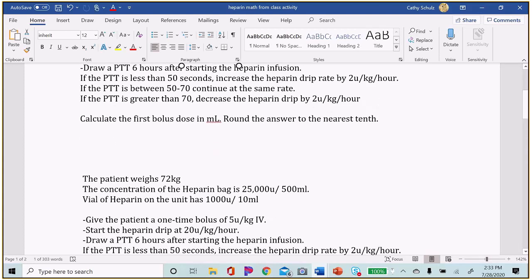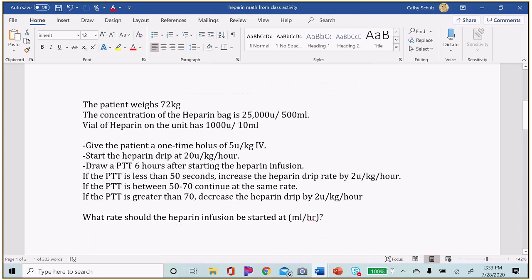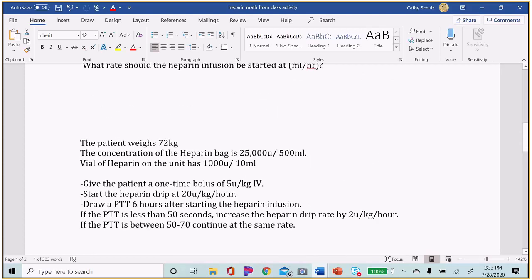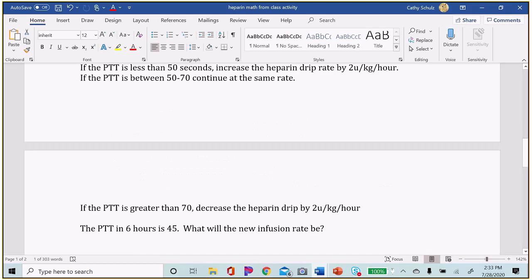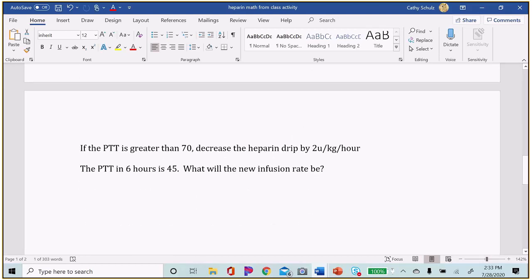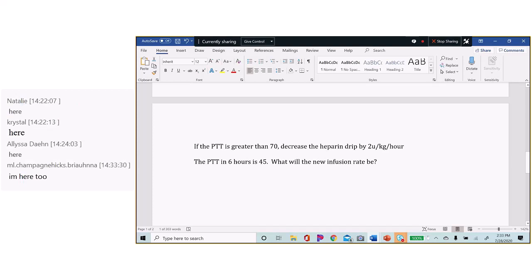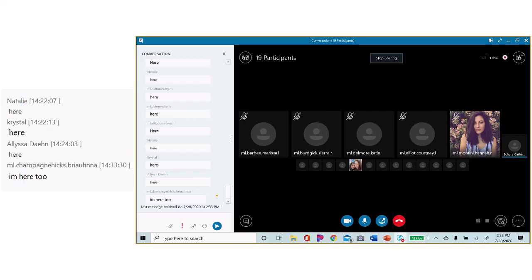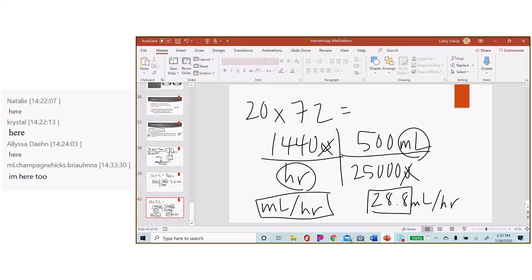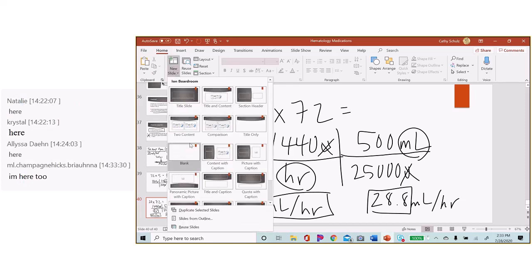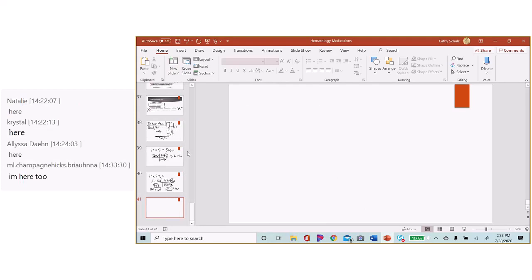So, okay, here's my bag. I gave that bolus. And now what if, well, it's the same problem over again. What if the PTT is greater than 70? Then I would have to increase by 2 units per kilogram per hour. We started at 20 units per kilogram per hour, so we're going to increase by 20 plus 2.